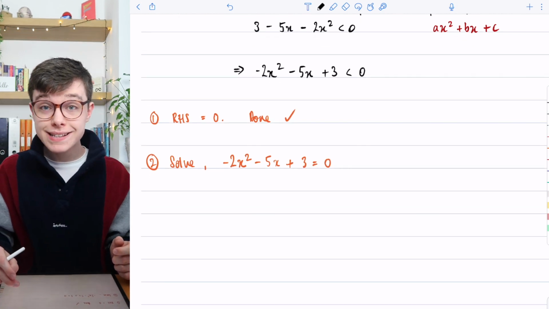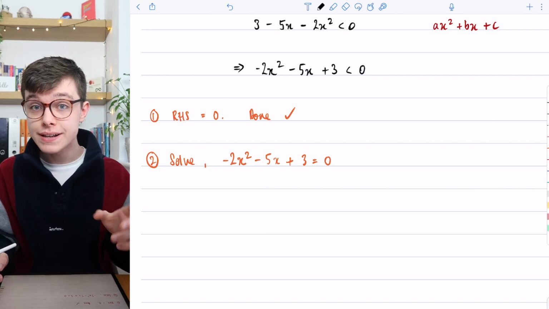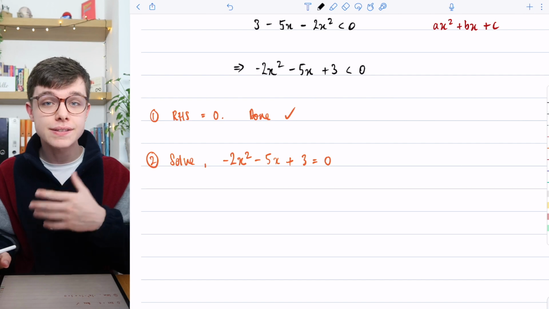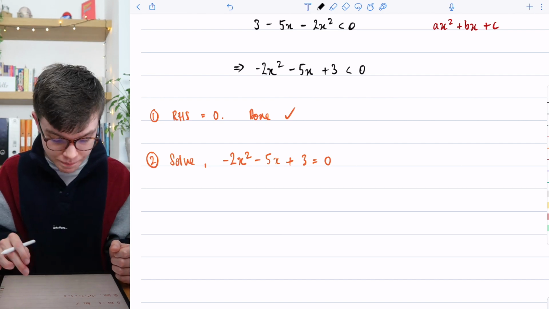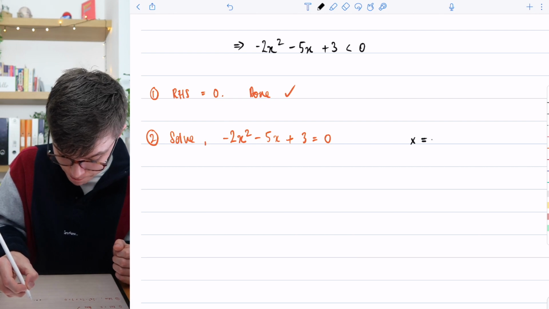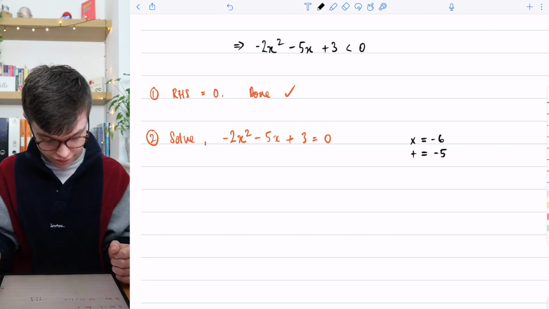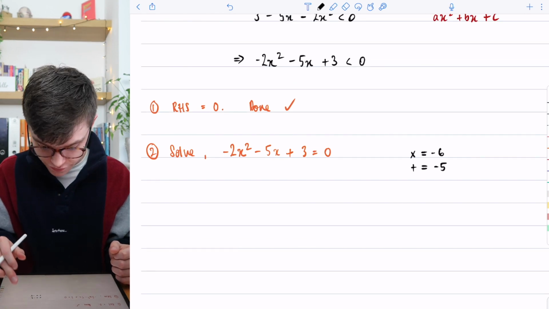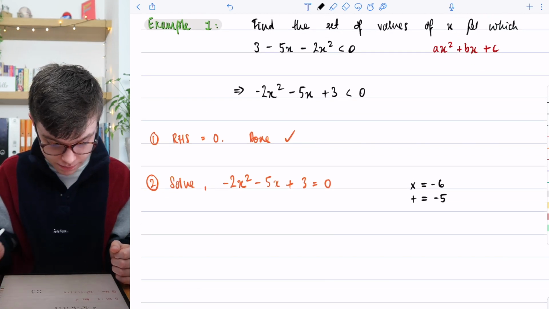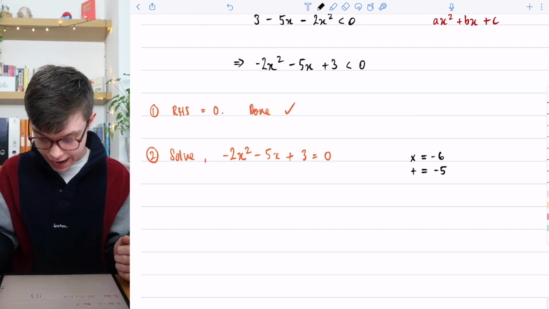Now, this quadratic does factorise, so always see whether it factorises first. If it doesn't factorise, then maybe try the quadratic formula. So factorising, I need two numbers that multiply to give me -6 and add to give me -5. Or is it +5? No, -5. Yes, -5.